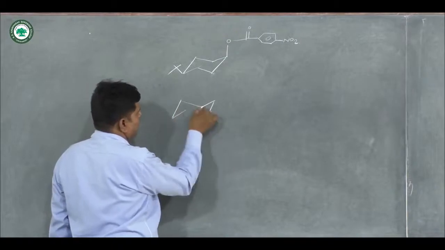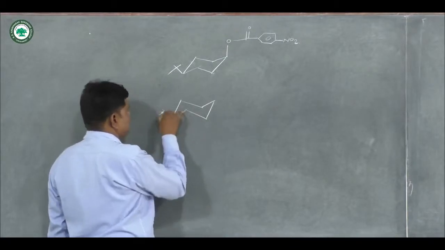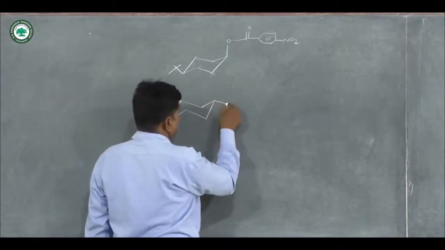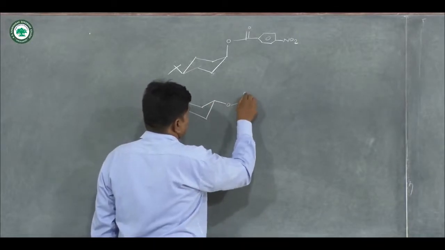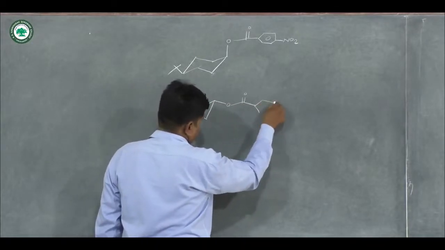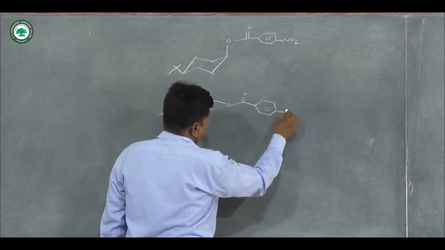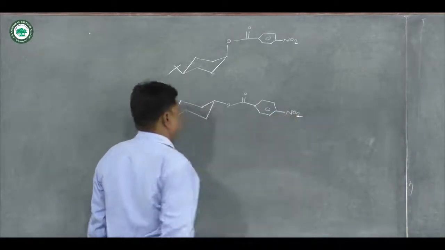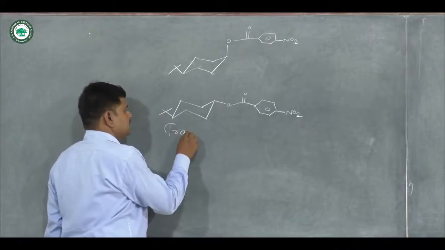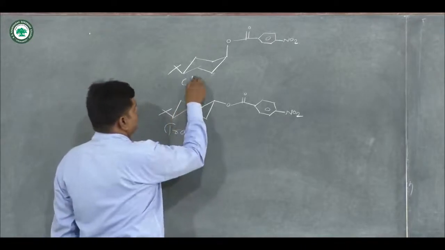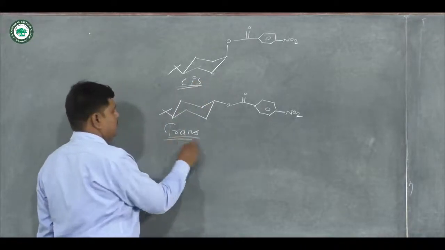We try to draw all the structures, with NO2. This is the trans isomer and this one is the cis isomer.